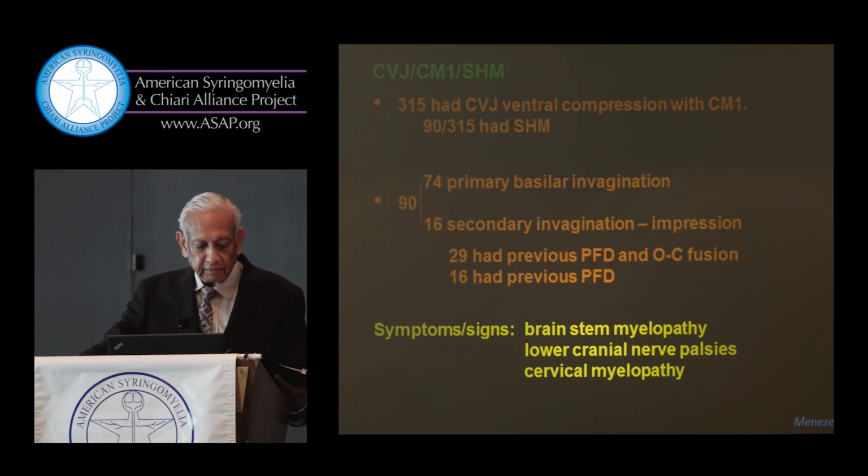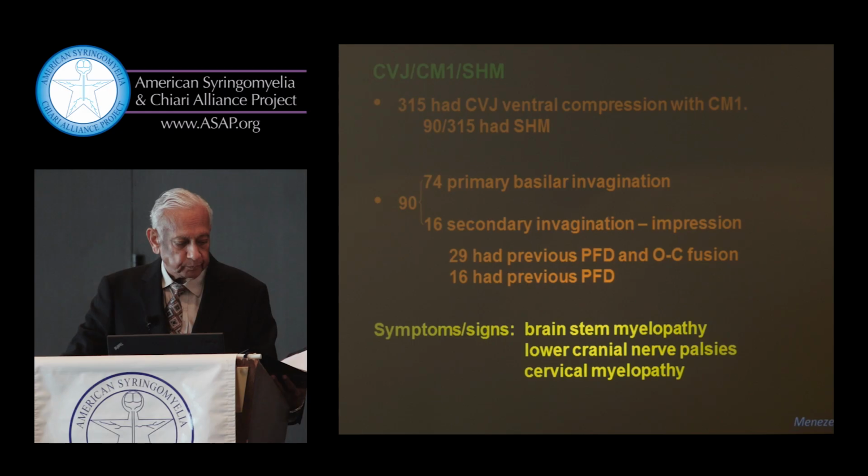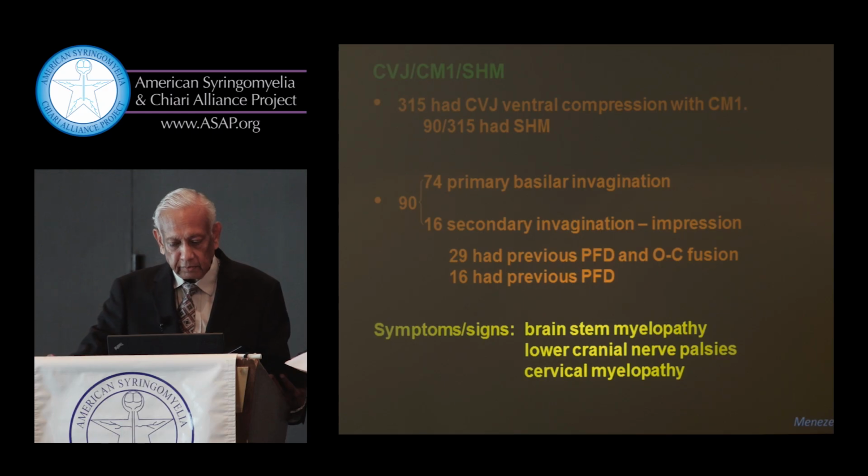In 16, the invagination was secondary, and that occurs in patients who've got problems such as osteogenesis imperfecta and the bone softening states, Paget's disease. A third of the patients had previous posterior fossa Chiari decompression procedures, including fusion. All these patients had brainstem myelopathy, spinal cord symptoms, lower cranial nerve palsies.